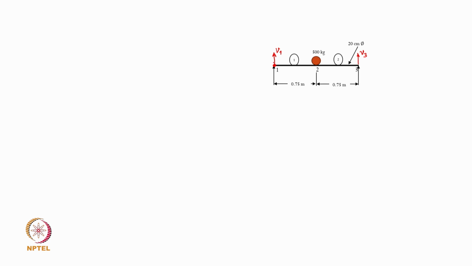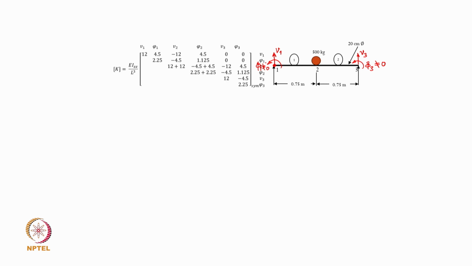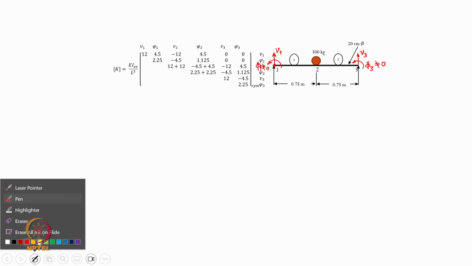And we all know that simple supports offer no resistance to the slope, and therefore, phi1 and phi3 will not be 0, in contrast to V1 and V3. So, phi3 is not 0, neither is phi1.